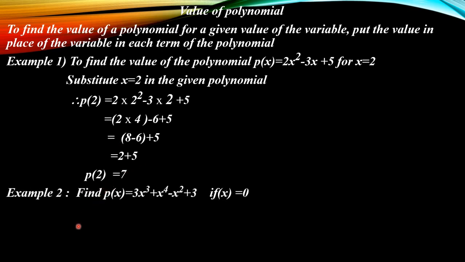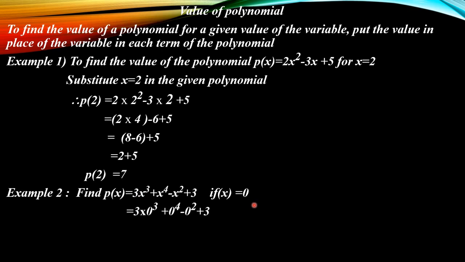We will see another example. Example number 2. Find P(x) = 3x³ + x⁴ − x² + 3 if x = 0.